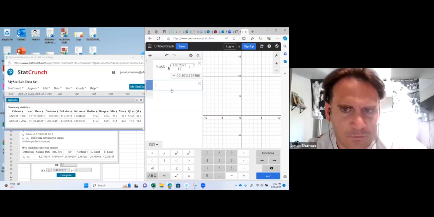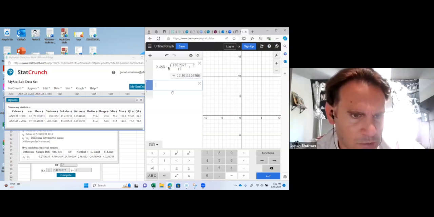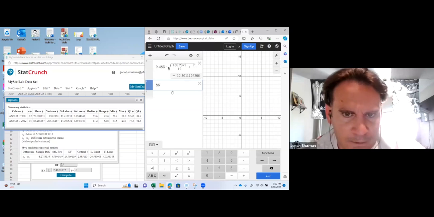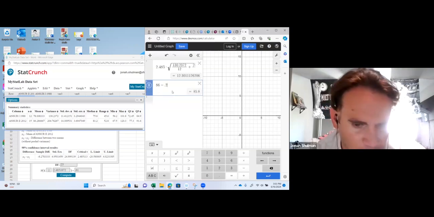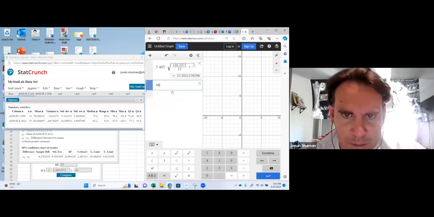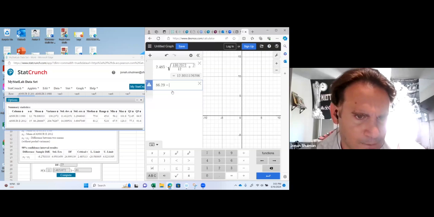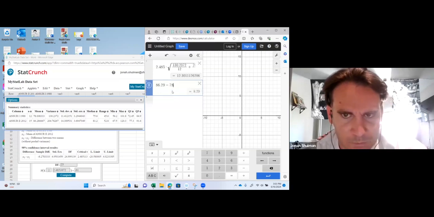So to do this, all we have to do is subtract the means and basically add this, and we should get the lower level. So here we go. The first mean is 86.29. Do we subtract these, and then we subtract the other one? So it's 86.29 minus 78.00.